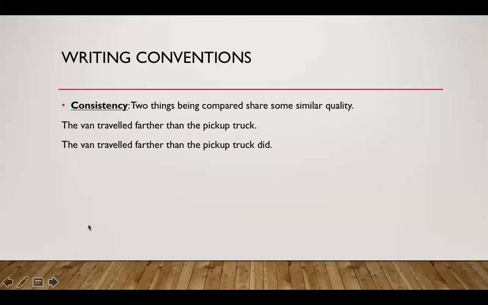And lastly, consistency. Two things being compared share some similar quality. So the van traveled farther than the pickup truck, or the van traveled farther than the pickup truck did. So again, it has to be clear, has to be precise, and it has to be consistent.